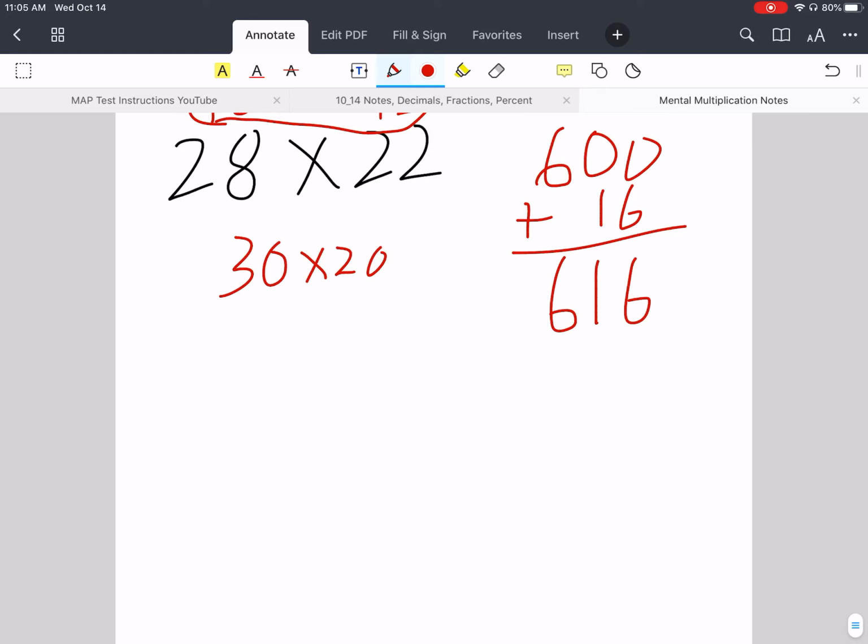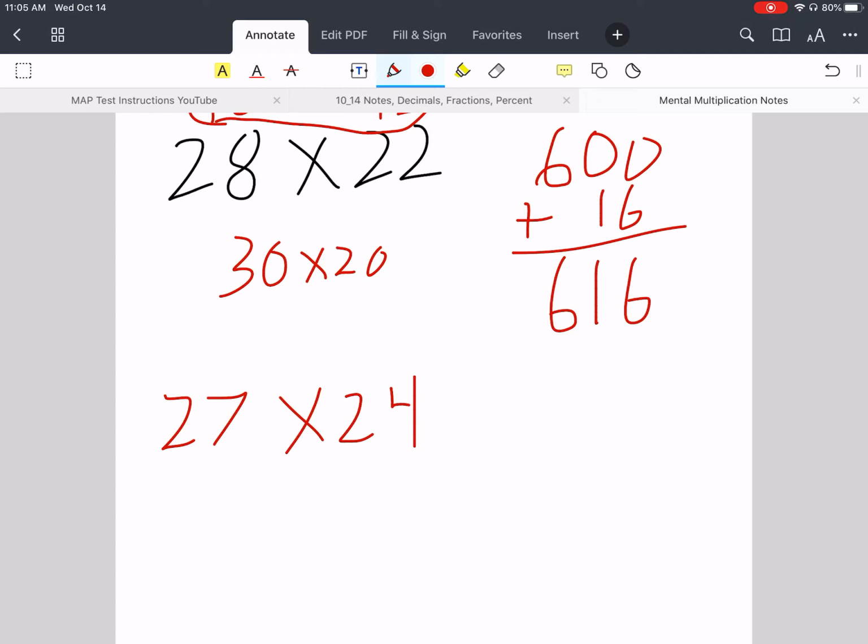And let's do one last one. 27 times 23. Actually, let's make it a little more difficult. 27 times 24. So I know that 27 is 7 above 20, and 24 is 4 above 20. So my numbers are 7 and 4.